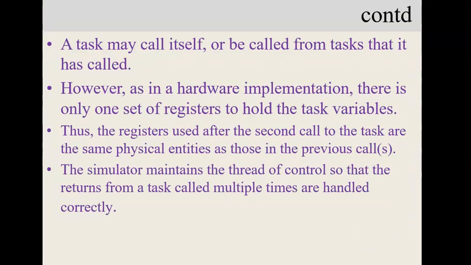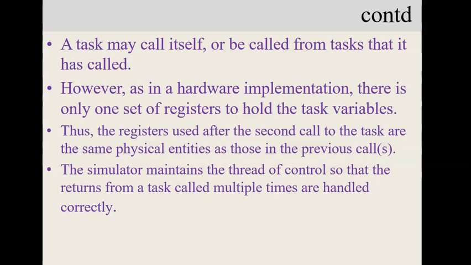A task may call itself. That's another important point. A task may call itself, or may be called by some other task, or be called from tasks that it has called earlier. All are possible. However, as in hardware implementation, there is only one set of registers to hold the task variables. So the registers used after the second call to the task are the same physical entities as those in the previous call.